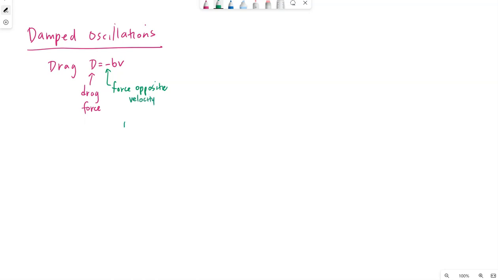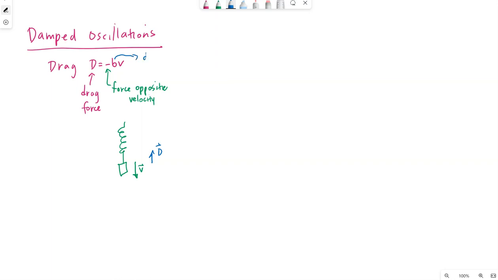So if I had that mass on the spring oscillating up and down, if its velocity was down, then that drag force would point upwards. And so this drag force is always working to take energy out of the system. It's always opposing the motion.